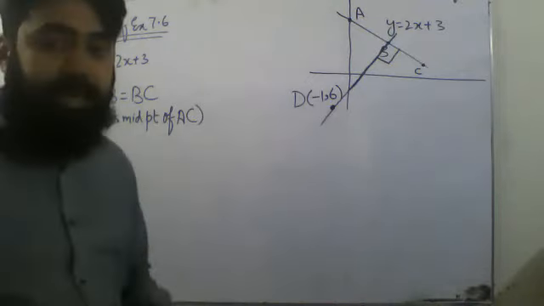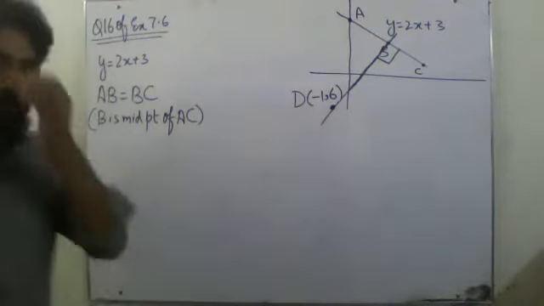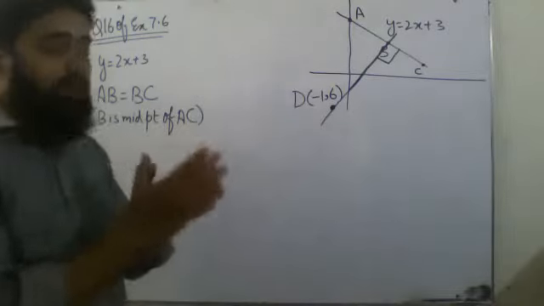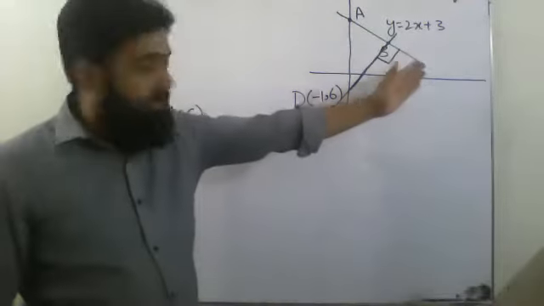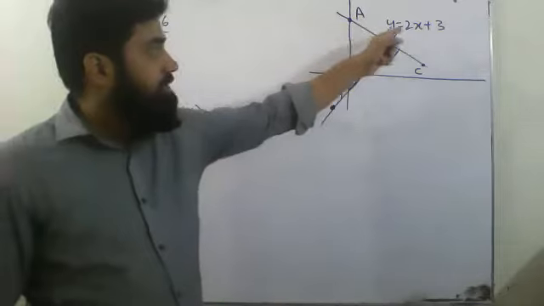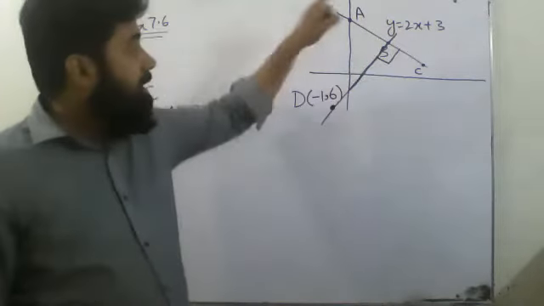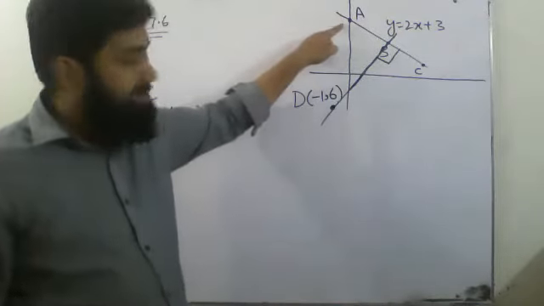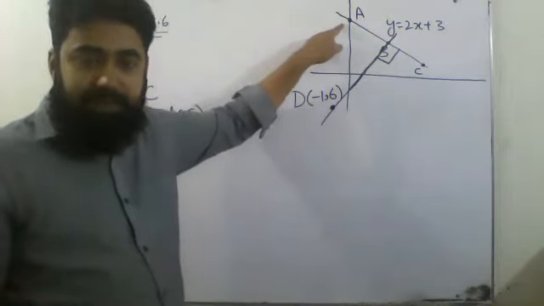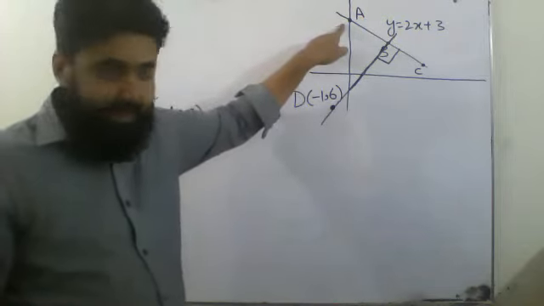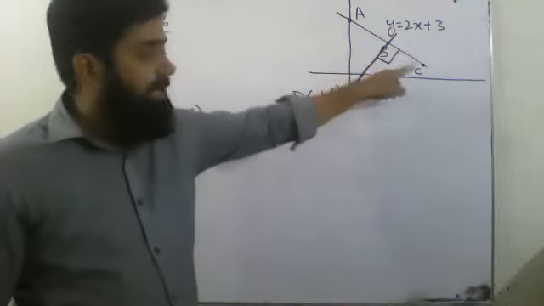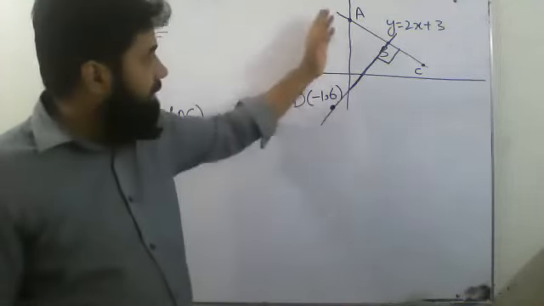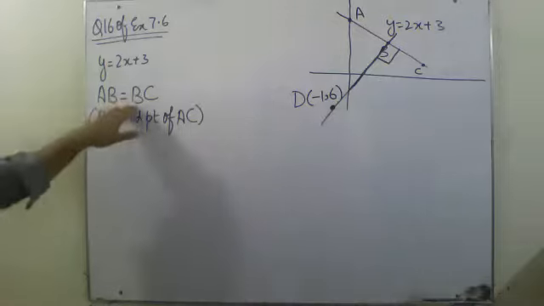So, what's the scenario given to us? Right now, I'm just revising my scenario. First of all, there is a first line whose equation is given as y equals 2x plus 3. It is intersecting the y-axis at a point known as A. Then I have got B, then I have got C. B is the midpoint because the AB and BC distances are equal.